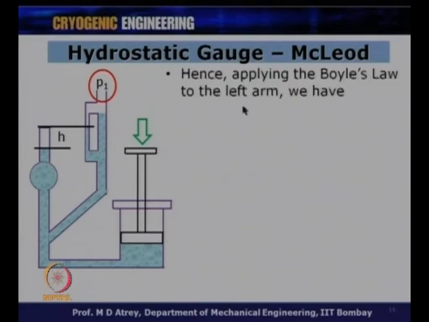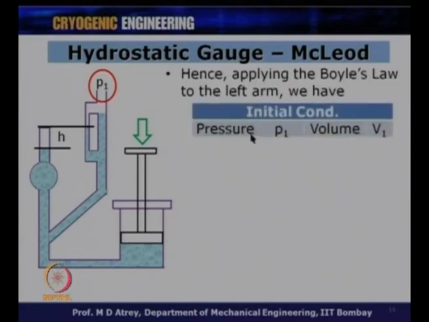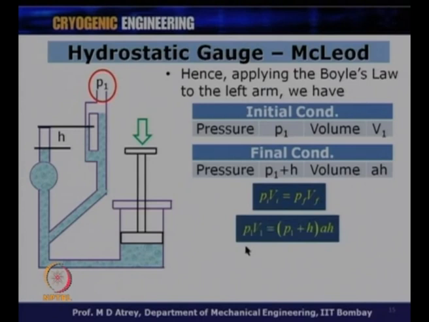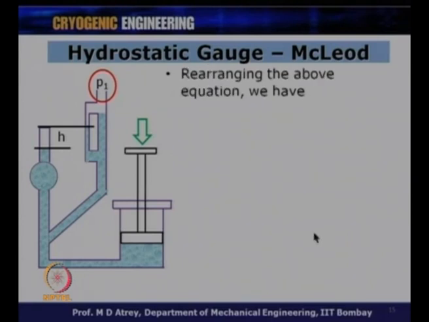Hence, applying Boyle's law to the left arm, we have initial condition pressure P1, volume V1, and final condition pressure P1 plus H, volume AH. Initial PV is equal to final PV. So, P1 V1 is equal to (P1 plus H) into AH, which gives P1 V1 is equal to P1 AH plus AH square, simple algebra.